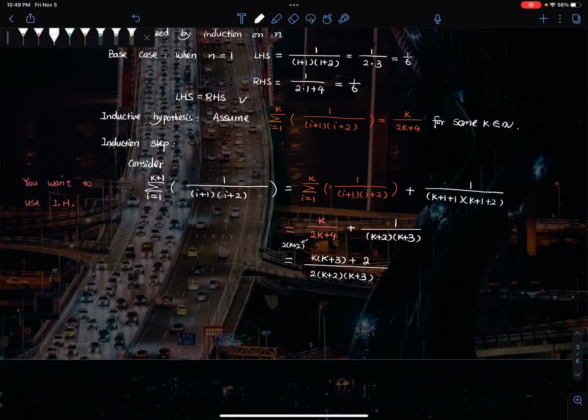So this is what I have. Now I'm going to open the brackets at the top. That's k squared plus 3k plus 2, and at the bottom you have the same thing.